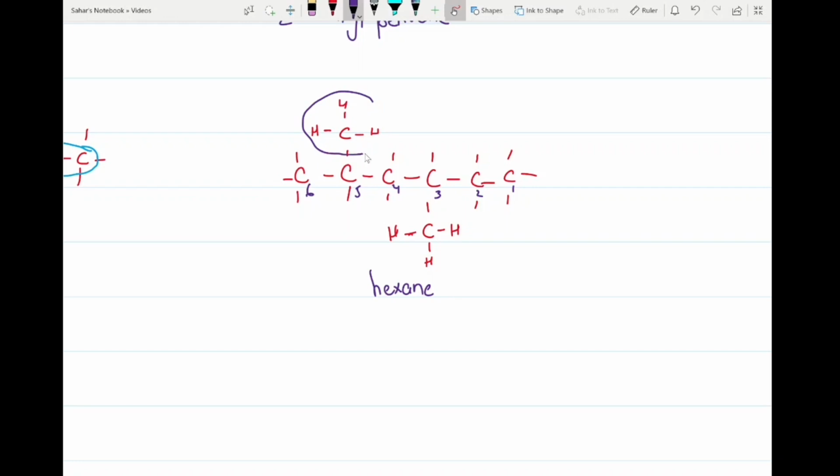We have one here and we have one here. And both of them have only 1 carbon atom each. So they're methyl groups. And then when we have the same group occurring twice, we have to indicate the number. Now we have to see which order gives us the lowest possible arrangement.